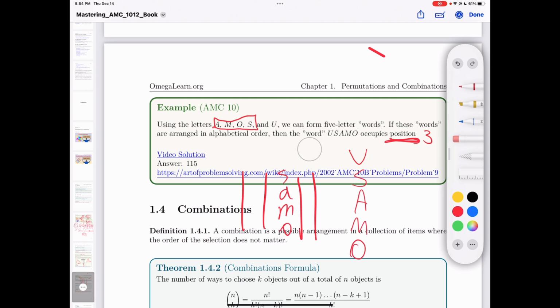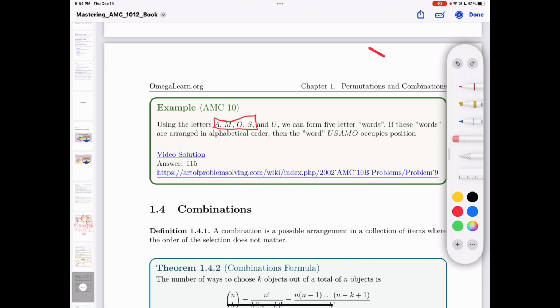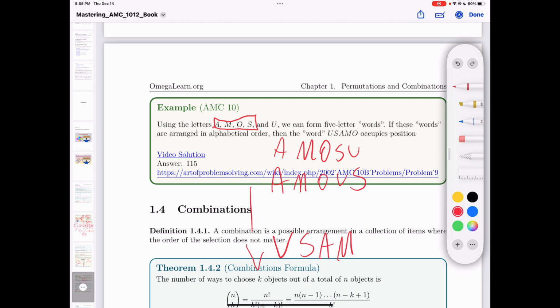Alright. I think what's being asked is if we have a list of every single possible word, AMOUS, and then we continue down the list, it's asking for the position of USAMO. What would be after that?